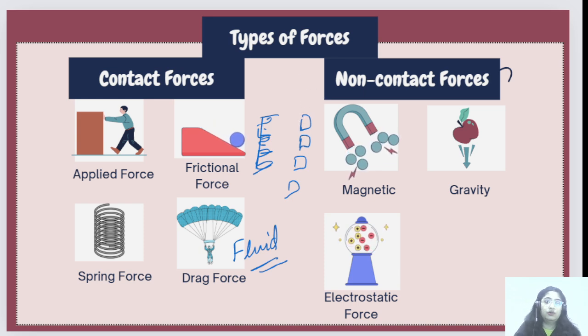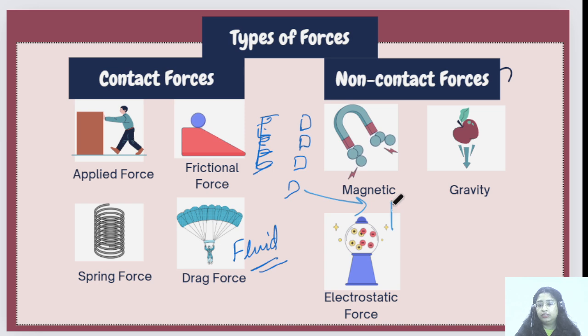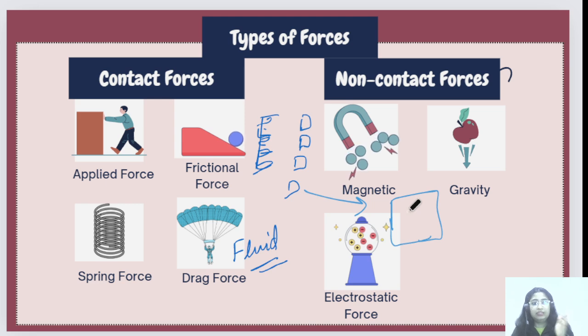Paper is neutral, but if I magnify this paper, it is made up of charges. It has positive and negative charges, and it is neutral, meaning the number of positive charges equals the number of negative charges.